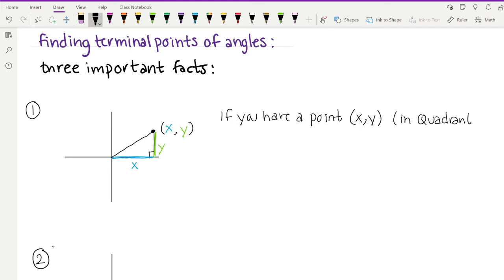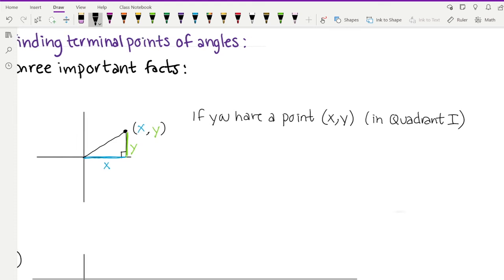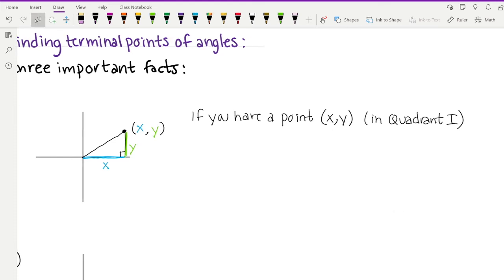And we'll see that there's a way of getting around this fact, but just to be correct in what I write down, I have to specify that the point is in quadrant 1. So if you have a point x, y in quadrant 1 and draw a right triangle, as shown, where you draw a line straight down to the x-axis and fill in the triangle.